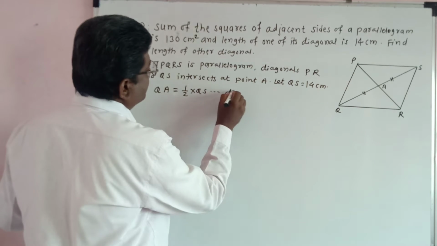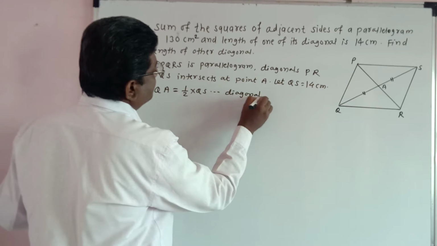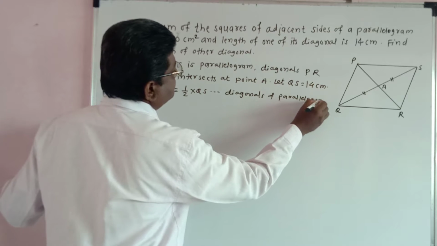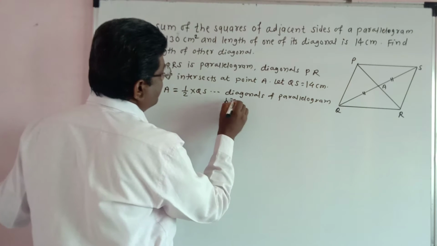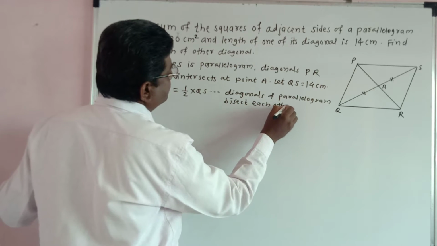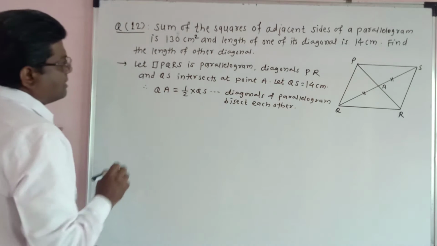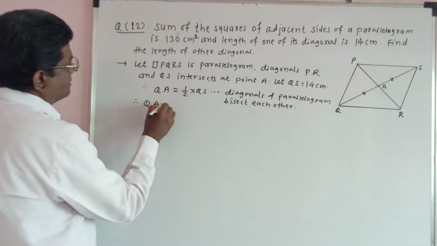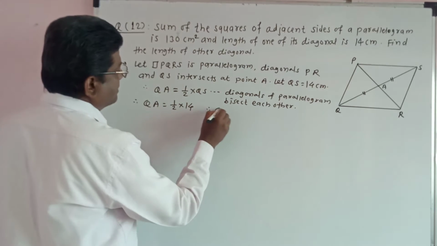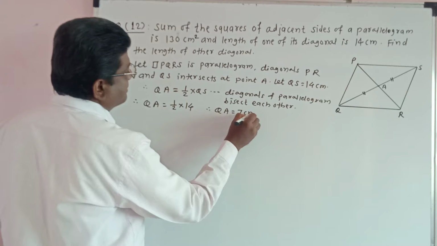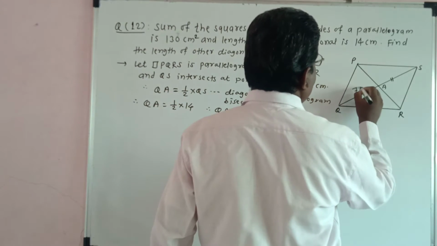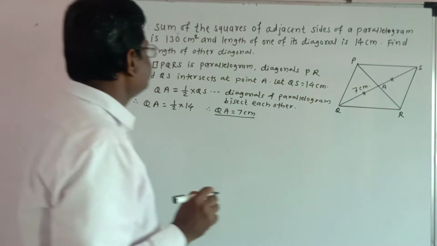Reason is diagonals of parallelogram bisect each other. Therefore, QA is equal to 1/2 into 14. Therefore, QA is equal to 7 centimeter. This QA is 7 centimeter.